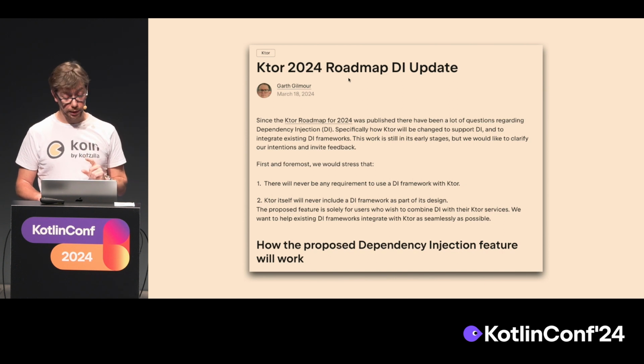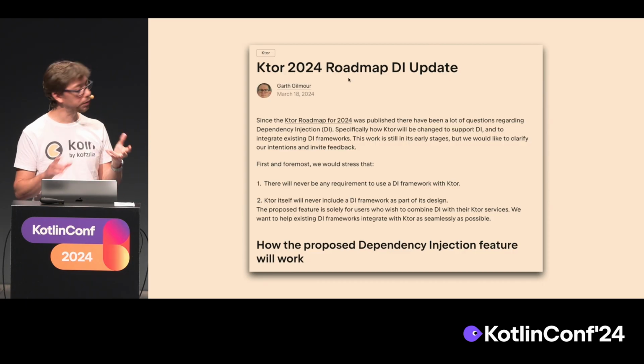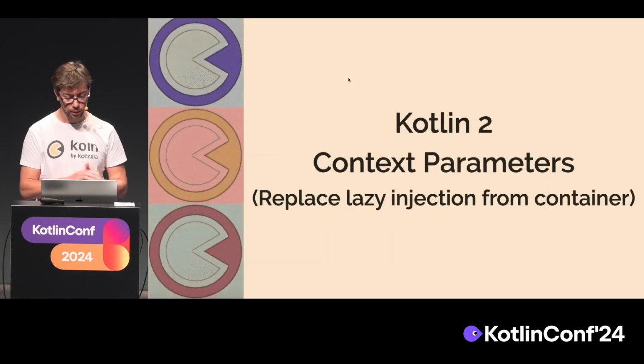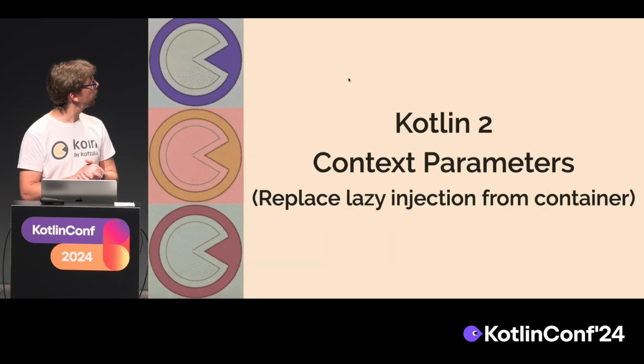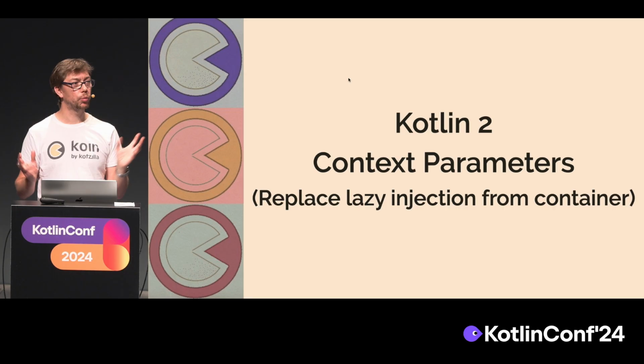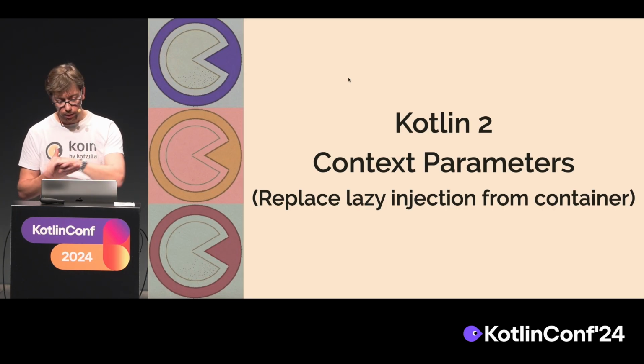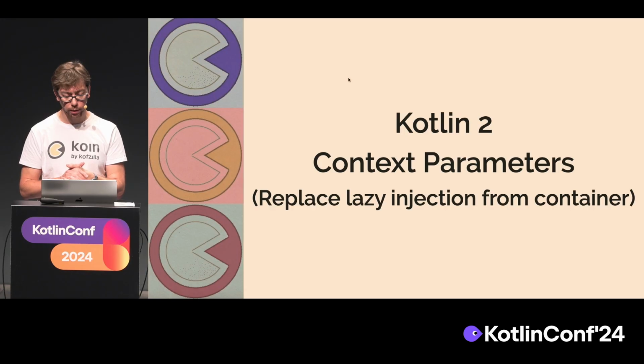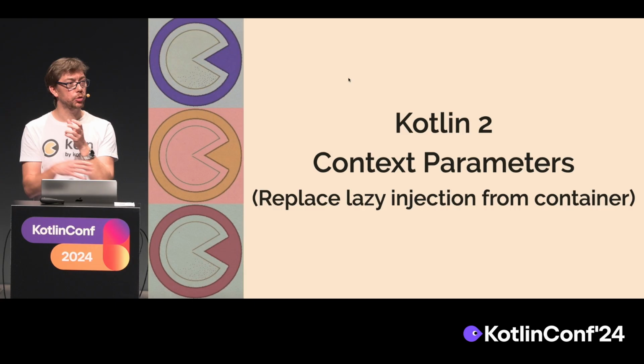The Ktor team is also investigating an independent injection feature and integration, and they are calling for all the projects to have closer collaboration. For Kotlin 2, there will be something like context parameters that will improve things for injection, and perhaps it will replace usage like lazy injection in functions in Ktor.